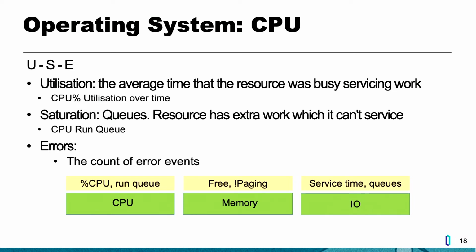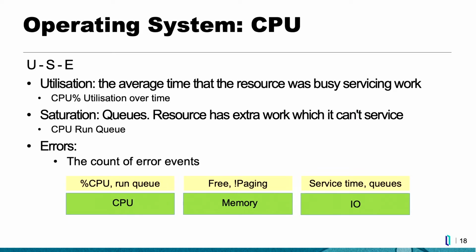So let's look at a few of them. I use the USE methodology. It's basically you look at utilization, saturation, and errors. So for something like CPU, we're looking at CPU utilization over time. The saturation is queuing, whether it's storage or CPU.